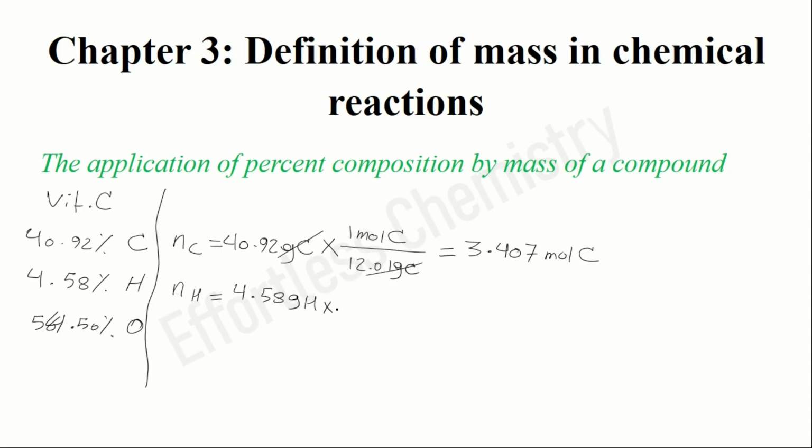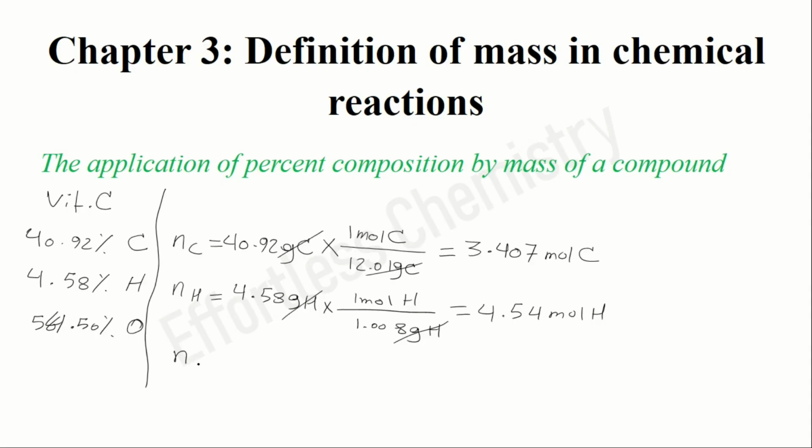For the following elements, the number of mole for hydrogen, as we have 4.58 gram of hydrogen, multiply by 1 mole hydrogen has 1.008 grams of hydrogen, and we can reach this number, 4.54 mole.